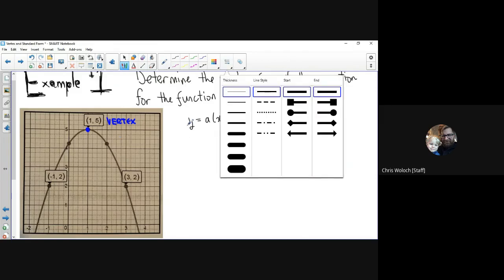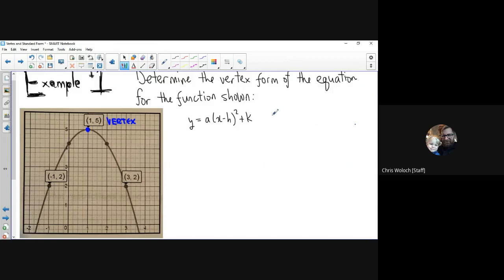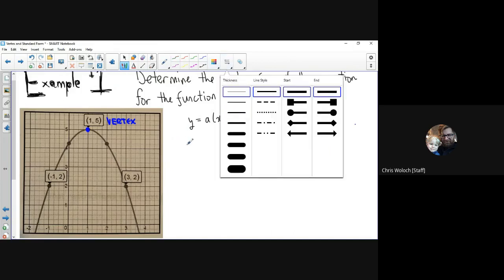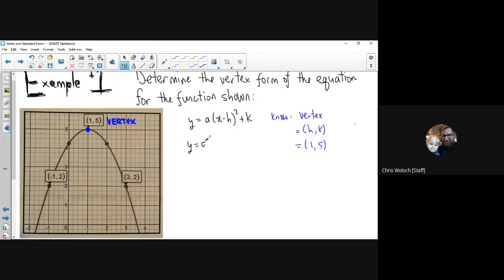Well, we know the vertex, the coordinate (h, k), which is here (1, 5), okay? So that means in my equation, notice if the h is positive, then it has to be a minus.